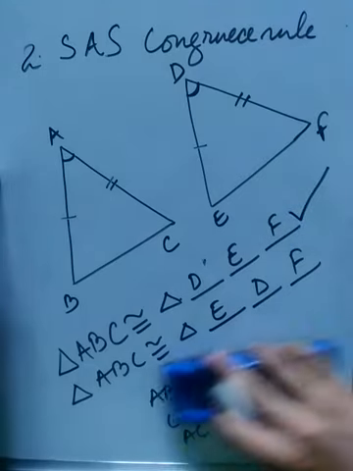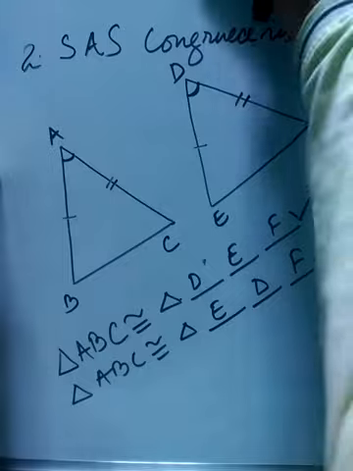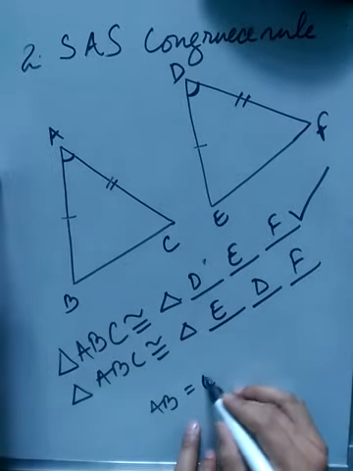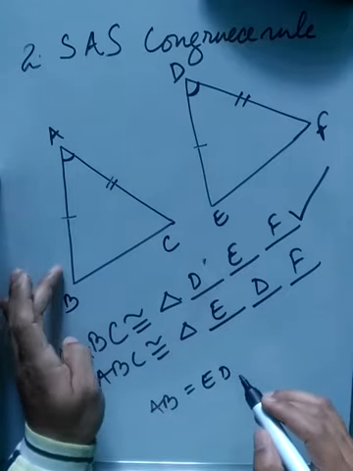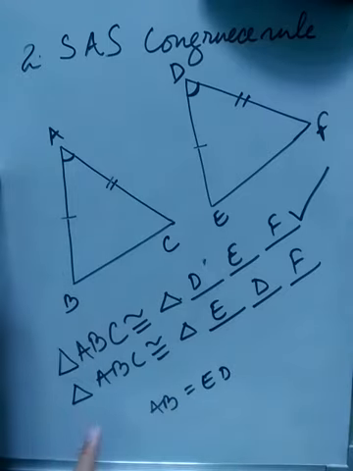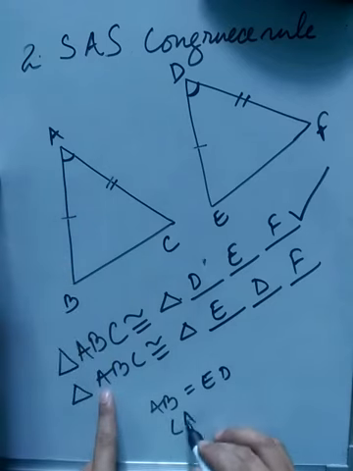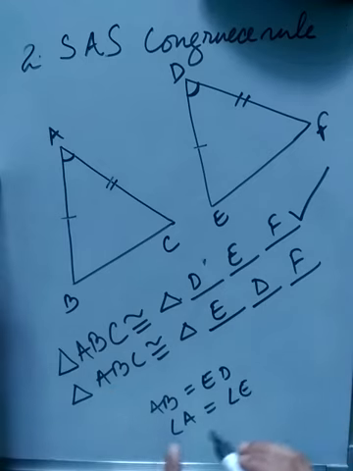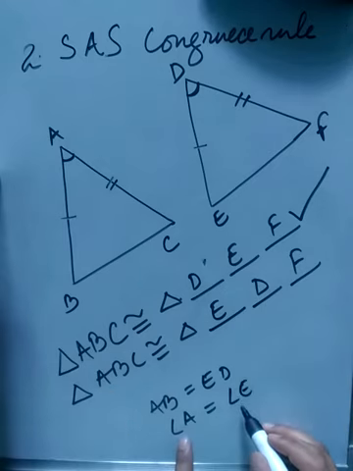Let us see the second one. Is it correct or wrong? AB is equal to ED. AB may be 5, it's okay, nothing wrong. So next, angle A, then here angle E. Can I say that angle A is equal to angle E?